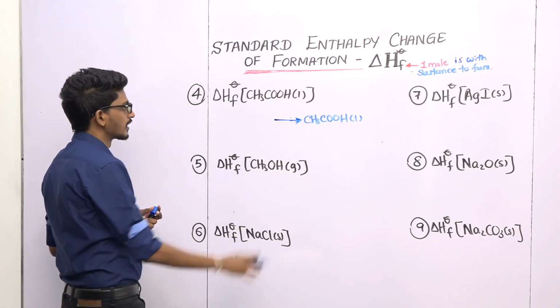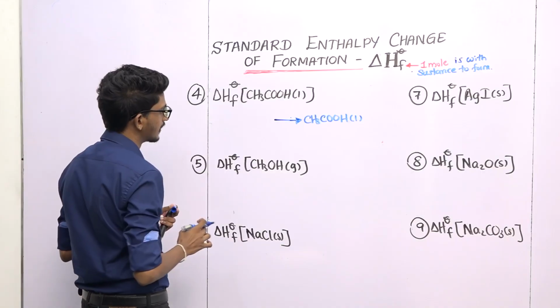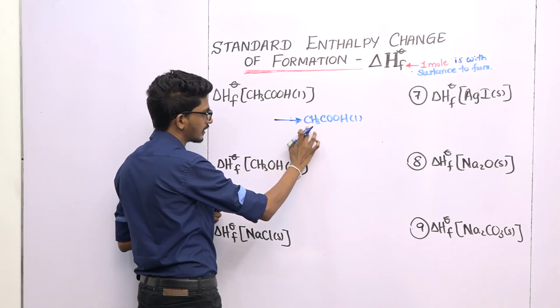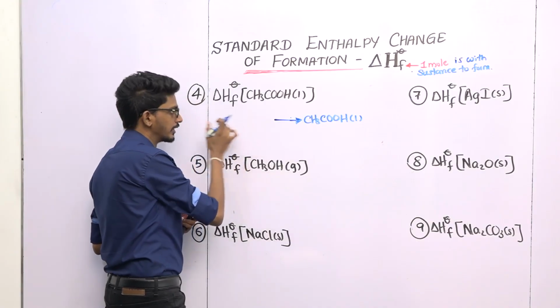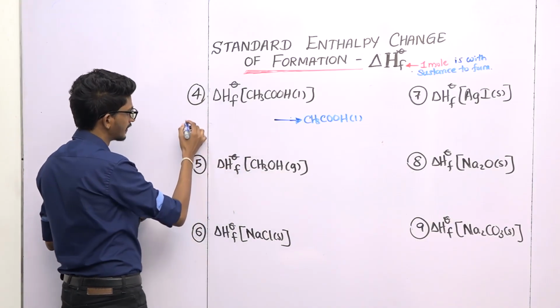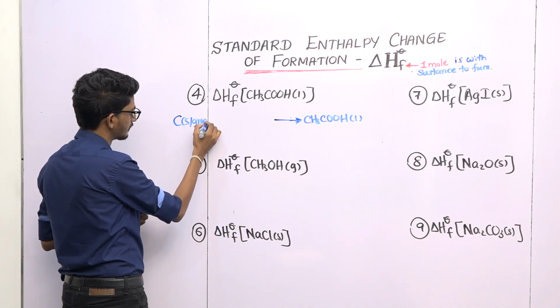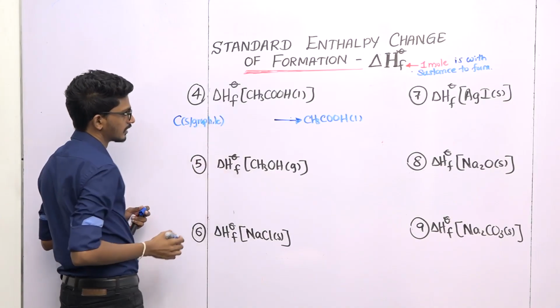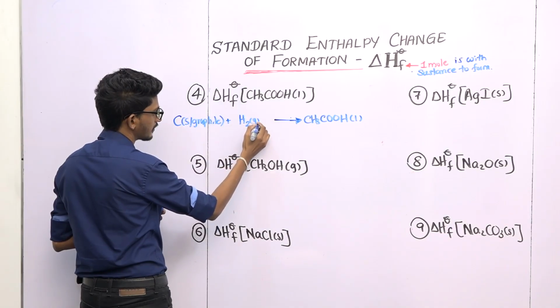Okay. You have to start from the constituent elements. What are the constituent elements? The carbon, hydrogen and oxygen. Their reference forms should be written here. For the carbon, its reference form is carbon solid graphite. For the hydrogen, reference form is H2 gas.